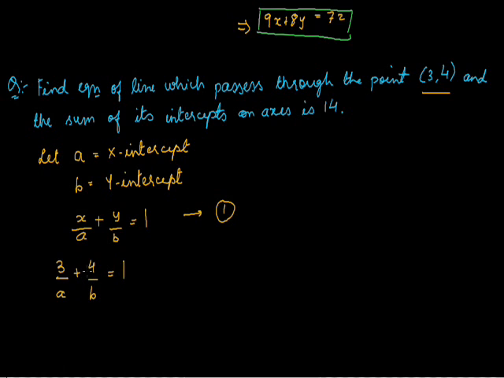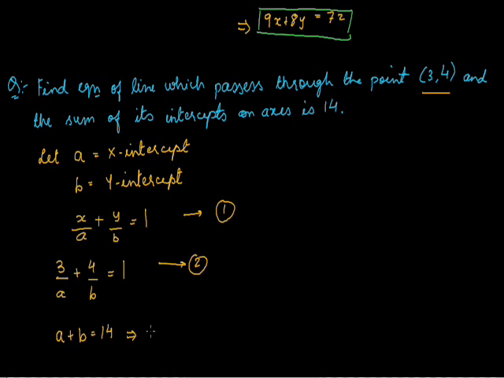Since this point, with x coordinate 3 and y coordinate 4, satisfies the equation of the line, I'll put this equation as number 2. Now we are also provided that the sum of its intercepts on the axes is 14. We had already taken A as the x-intercept and B as the y-intercept, and the sum of these intercepts is 14. Hence I can say that A plus B is equal to 14.